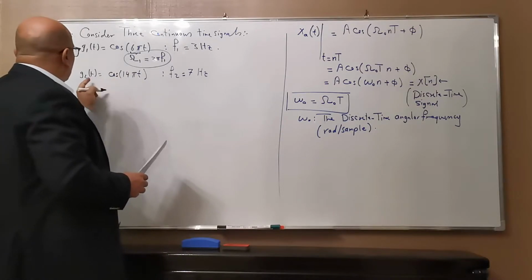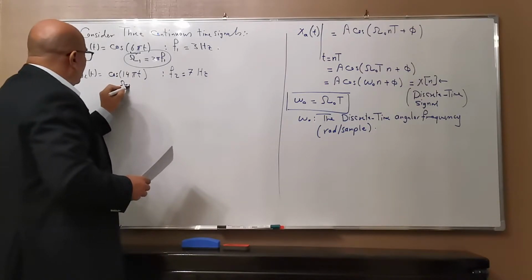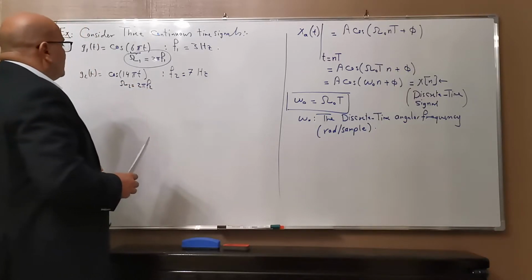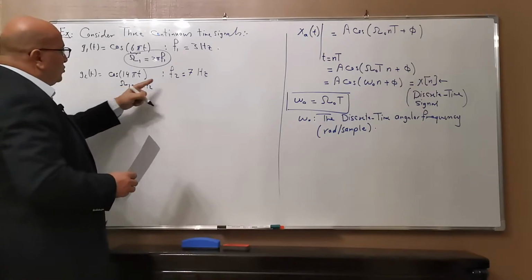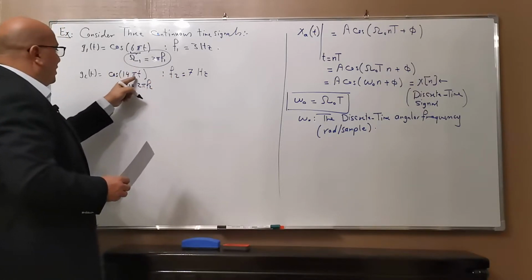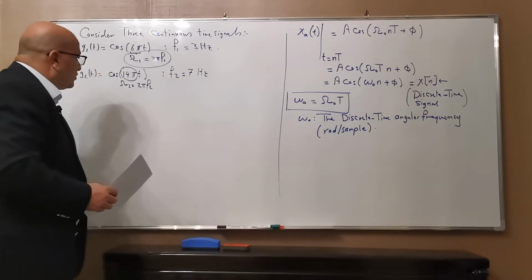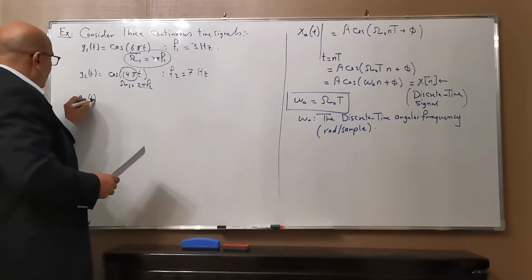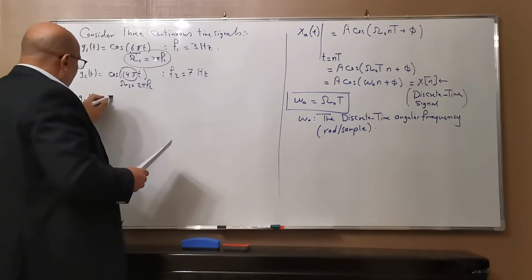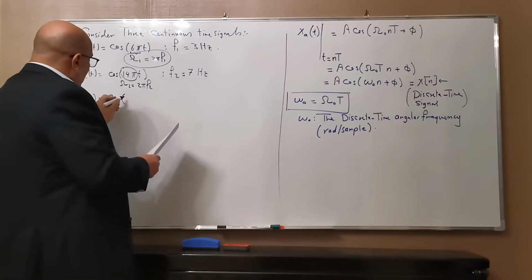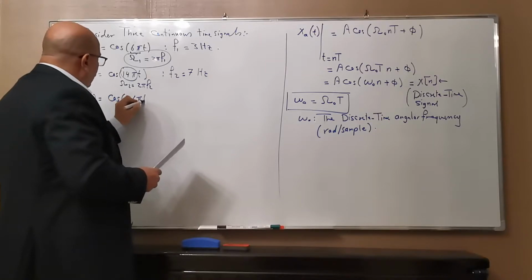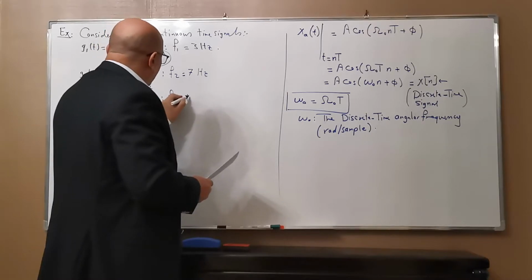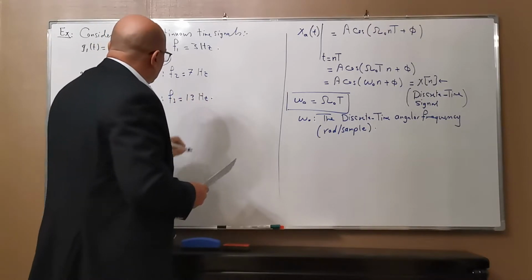Again, omega 2 equals 2 pi f2, 7 times 2 pi is 14 pi. g3 of t is also a single frequency, and it is equal to cosine 26 pi t. And here f3 is equal to 13 hertz.